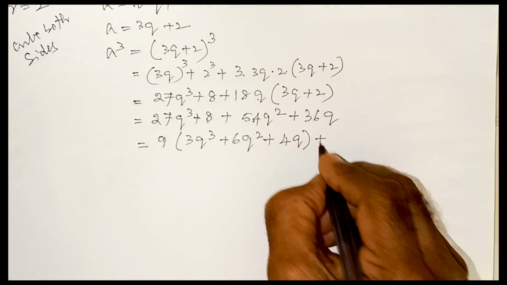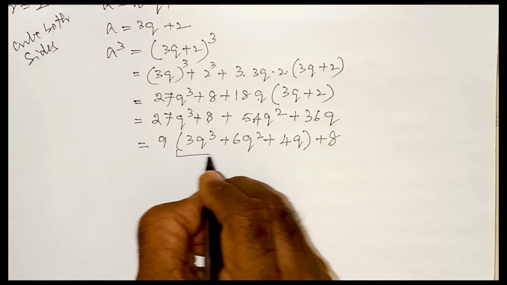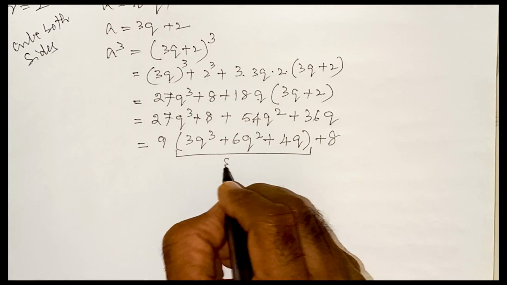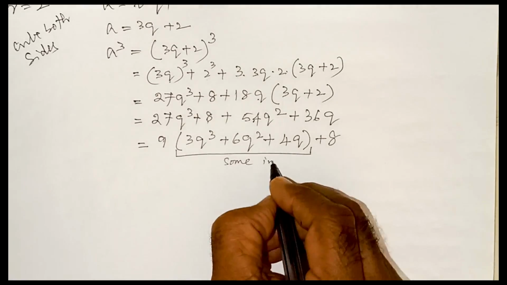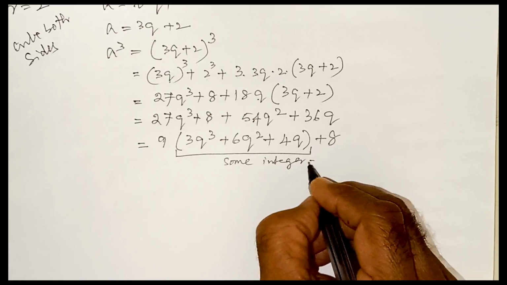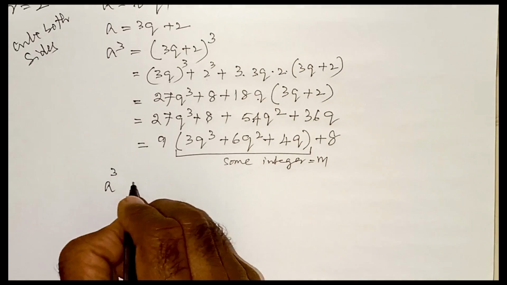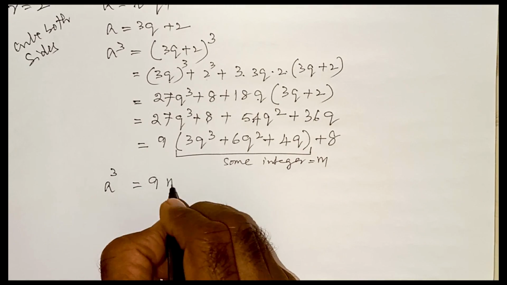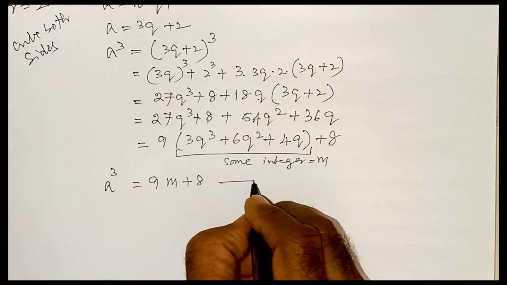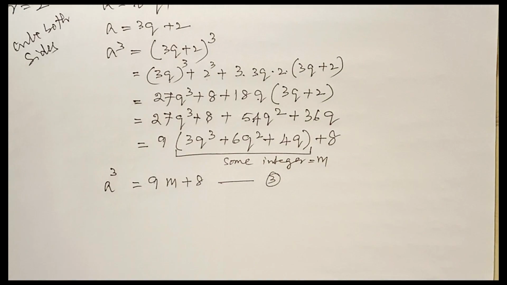Put this 8 at the last. Whatever is written in the bracket, all this will be some integer which is equal to m. Therefore, A cube is equal to 9 into m plus 8. This is our third observation.